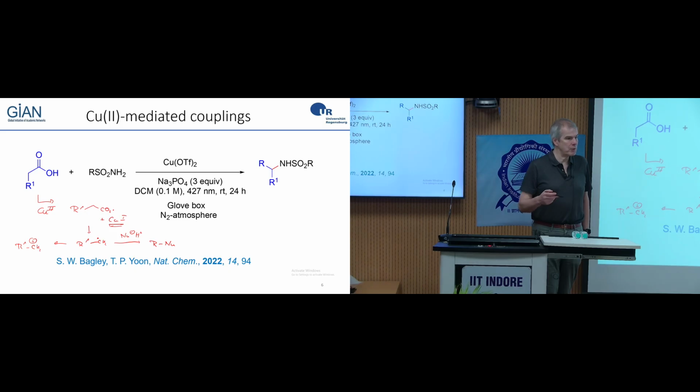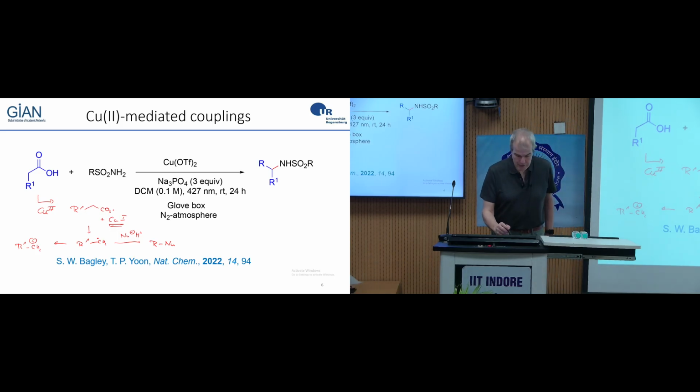So the copper 1 will become copper 0 because you need to give the electron somewhere. You're not doing this, right? You see, this is the point. If you want to be catalytic and you have copper 1 here and you want to go back to copper 2, you will have to make the anion here.